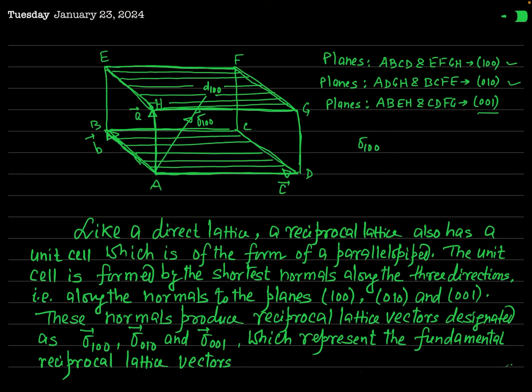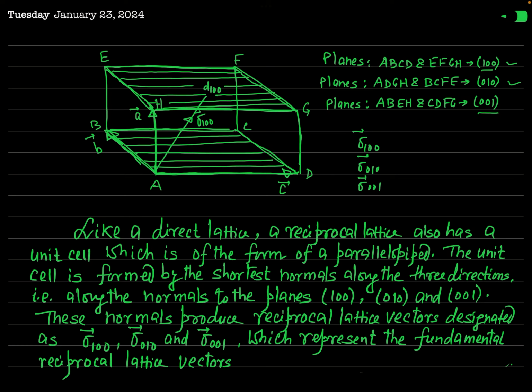This is the length of the normal perpendicular to the parallel planes marked by 1, 0, 0, and sigma 0, 1, 0 and sigma 0, 0, 1. Okay, actually these are the fundamental primitive translation vectors for the reciprocal lattice.